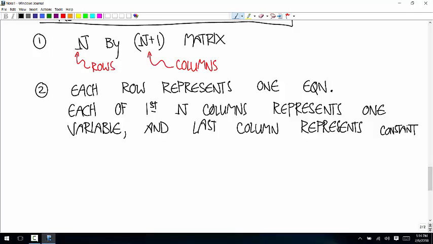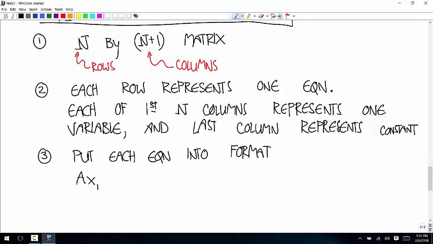Now you need to get your equations into this format. So put each equation into the format a times your first variable plus b times your second variable plus blah, blah, blah, plus c times your nth variable is equal to some constant, k.